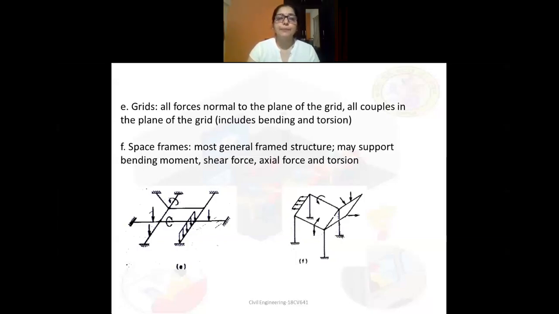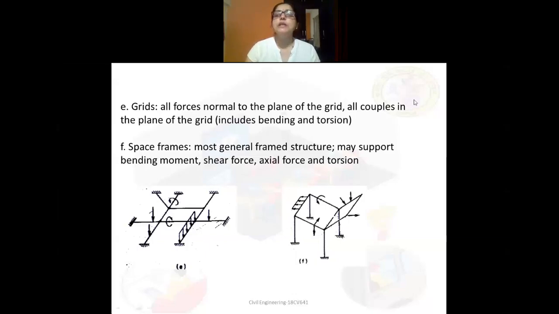Whereas space frames, the most general frame structure, will support bending moment, shear force, axial force and torsion. So a space frame supports bending moment, shear force, axial force and torsion.